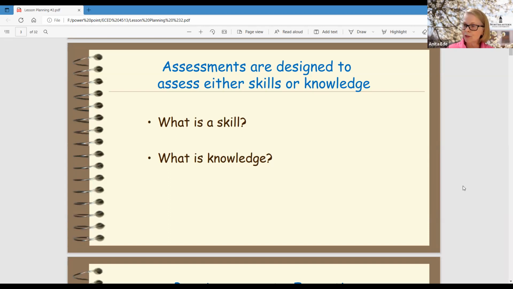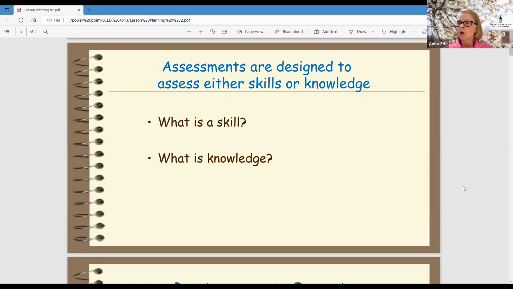Knowledge is different. When you're doing your formative assessment on knowledge, you are going to do that during your whole group time. After you've introduced your topic and before you go into your teaching part, your guided practice, you're going to say, boys and girls, what do you know about?